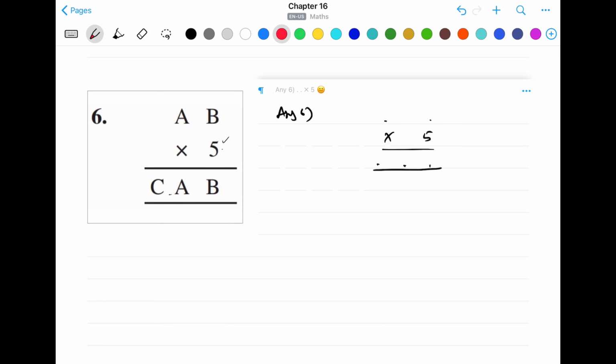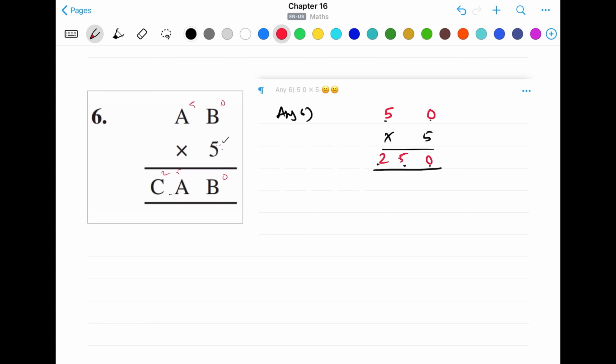So simply, assuming this to be 0, this 5 into 0 will again result as 0. Assuming this to be 5, then 5 into 5 will get 25. So that means if we choose A as 5 and B as 0, then this 5 into 0 will be 0, and then 5 into 5 is 25. So this is again satisfying our value. 50 into 5 is 250.